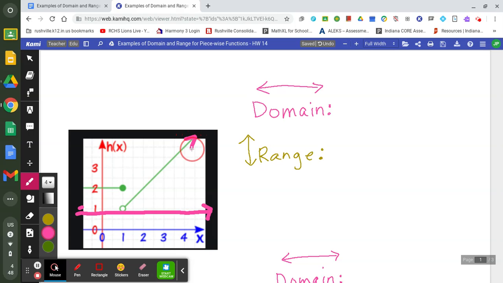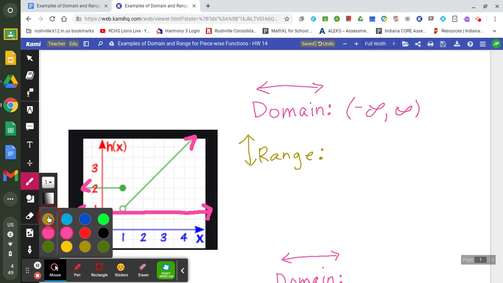It should have arrows on the end. So that means that all of the numbers forever and ever going left to right will work. So that indicates that our domain is negative infinity to positive infinity.